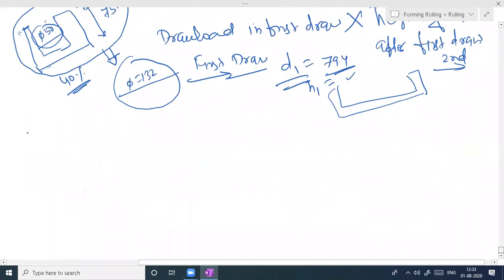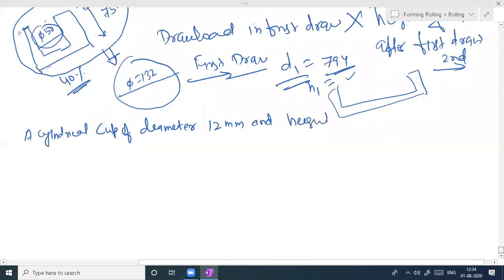A cylindrical cup of diameter 12 mm and height 16 mm has a corner radius of 0.5 mm.